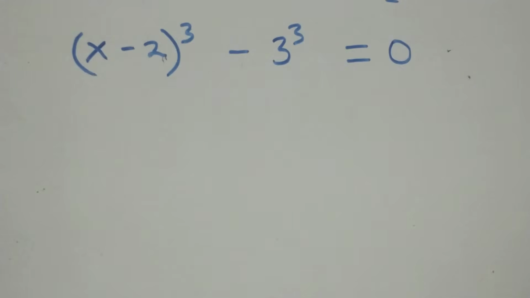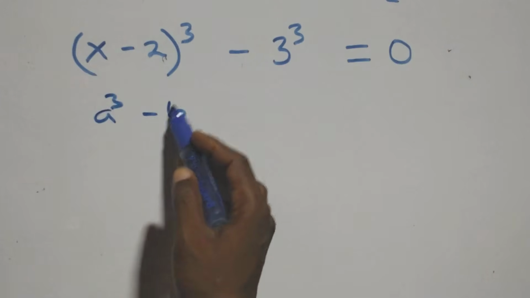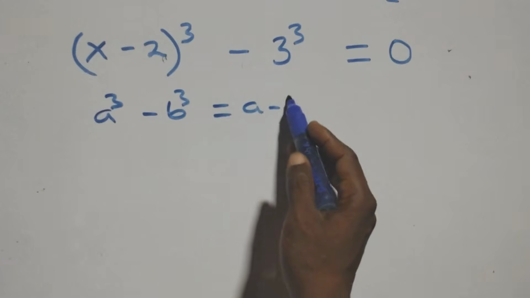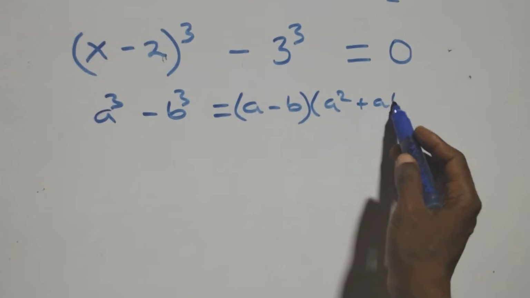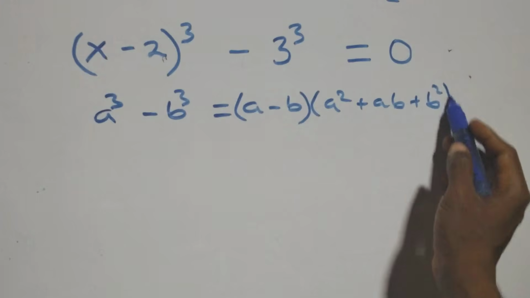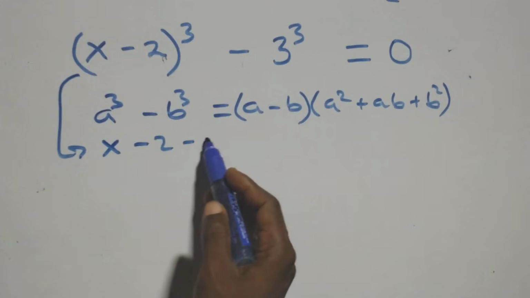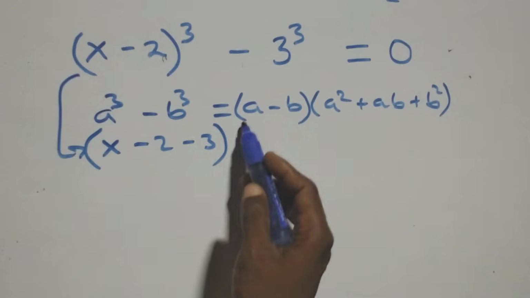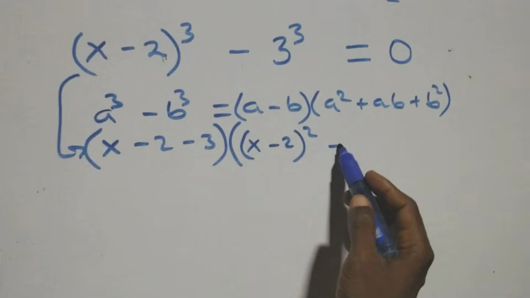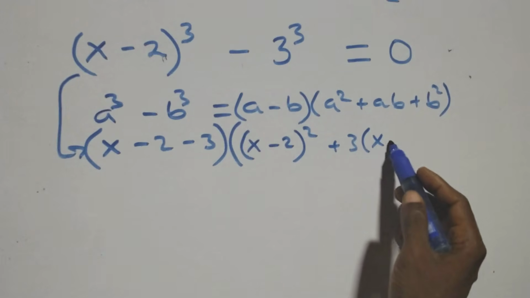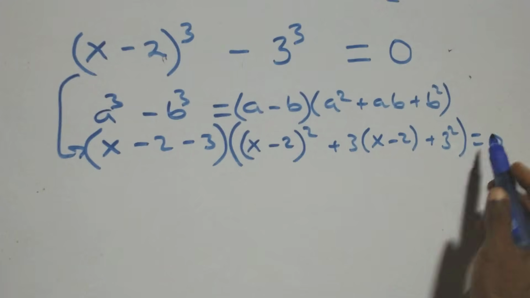Then, solving the second case, this also follows when we have a raised to power 3 minus b raised to power 3, which is the same thing as (a minus b) into (a square plus ab plus b square). Here, what we have becomes (x minus 2 minus 3) into ((x minus 2) all squared plus 3 times (x minus 2) plus 3 squared) equals 0.